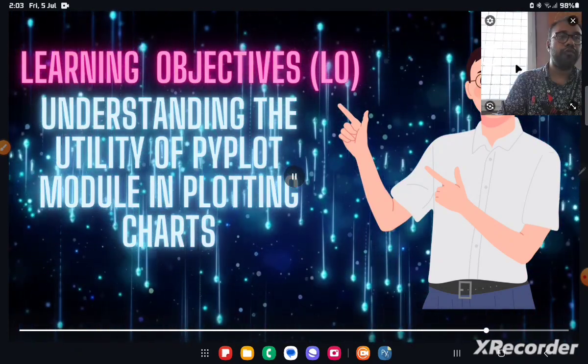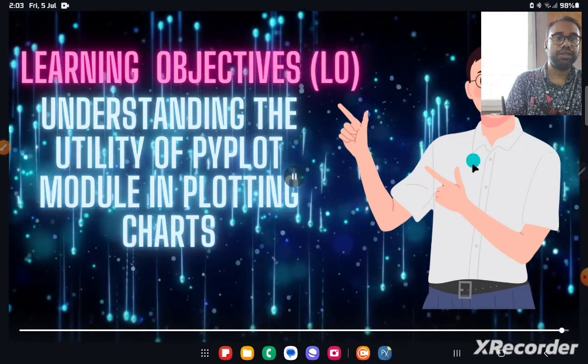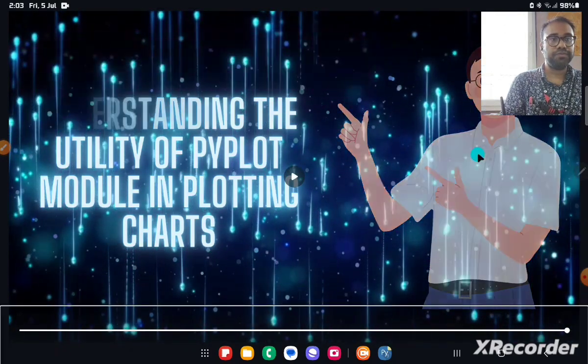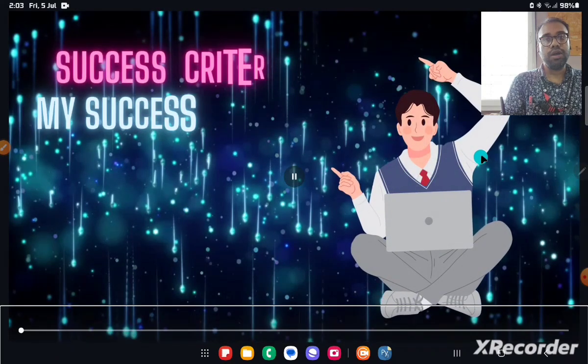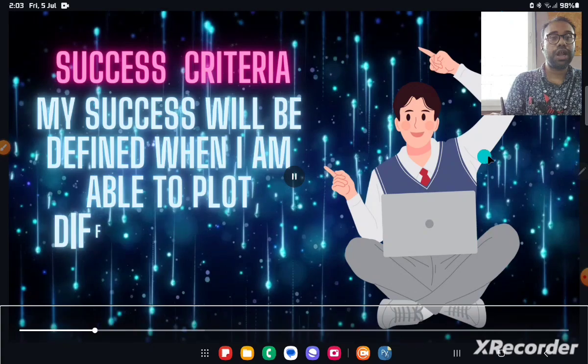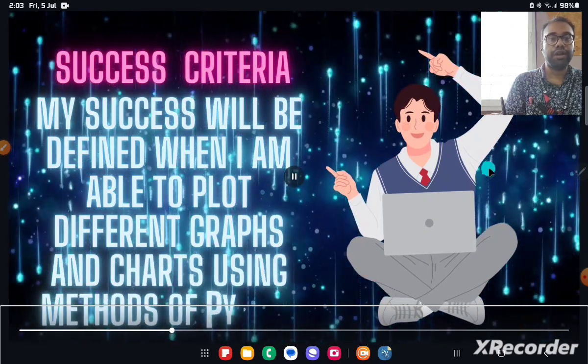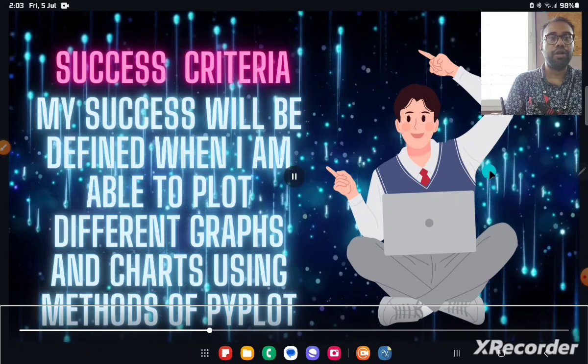How does PyPlot help us to plot the graph? That we will understand. Your success criteria will be defined when you are able to plot the different graphs using the PyPlot method.